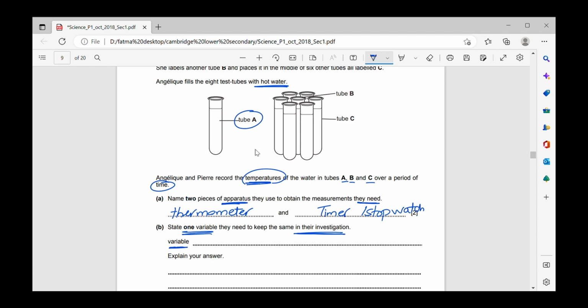They should start at the same starting temperature. They can use the same external temperature, the temperature of the surrounding. So, one variable they need to keep the same in their investigation. One could be the same sized tubes.